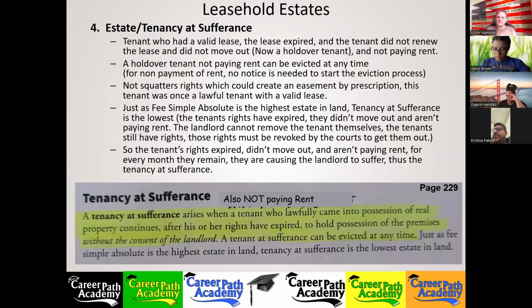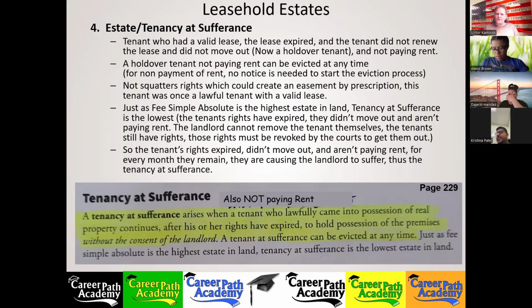So a holdover tenant not paying the rent can be evicted at any time. When doing eviction for the reason of non-payment of rent, no notice is needed to be provided to the tenant. They know they got to pay the rent. You could start eviction on a tenant for non-payment of rent at any time.